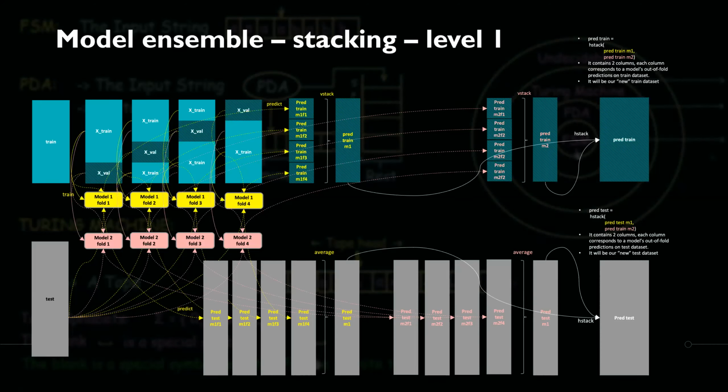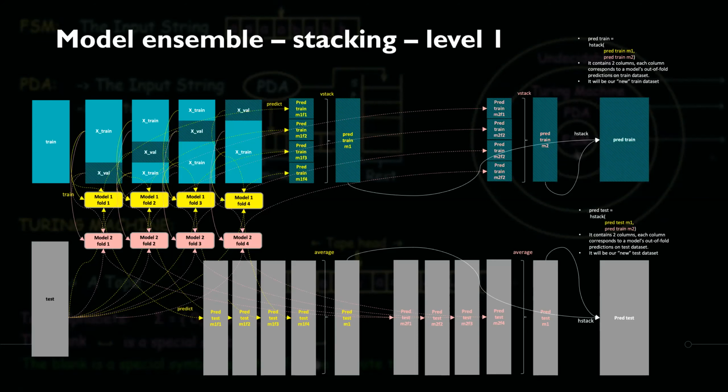And it's the same thing for the pre-test. It also comes with 2 columns, and each column corresponds to 1 model, right? Okay, so now we have 2 sets of data, pre-train and pre-test. Pre-train will be our new training data, and the pre-test will be our new test data.